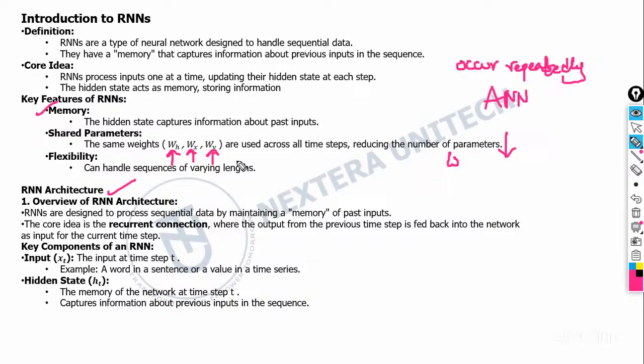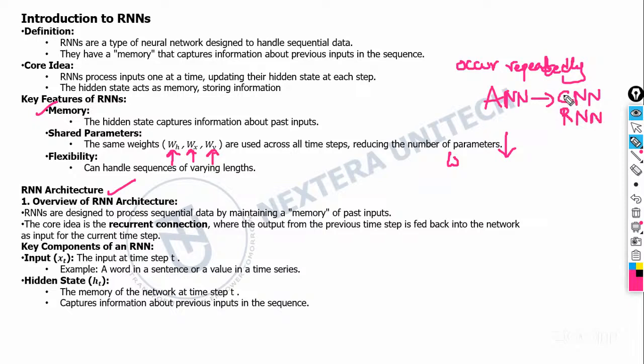So friends, again, this RNN is a continuation of neural networks. Under artificial neural networks, we have many types of neural networks. One of the important neural networks is CNN, convolutional neural networks, and then recurrent neural networks, right?